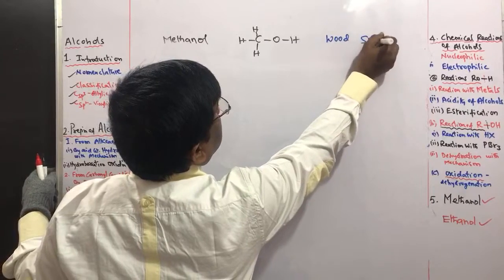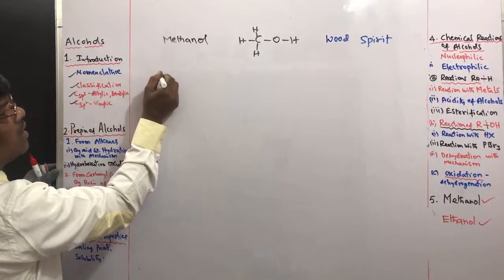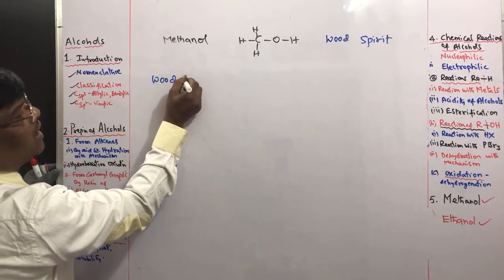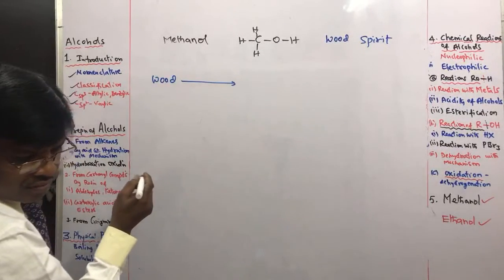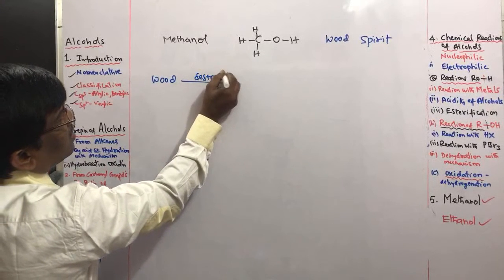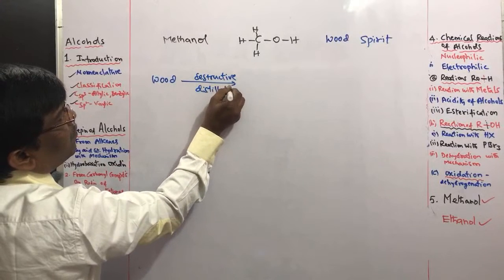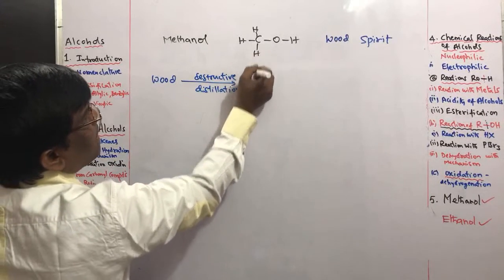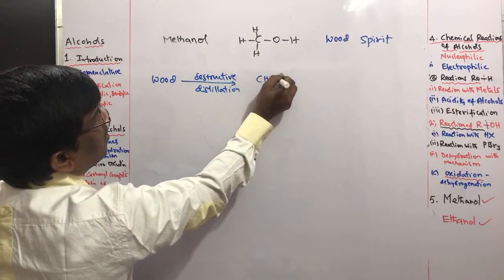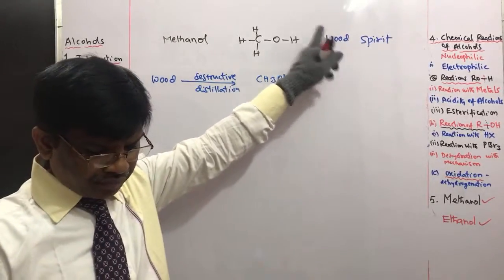It is obtained by the destructive distillation of wood, where we get methanol, CH3OH. That is why it is known as wood spirit.